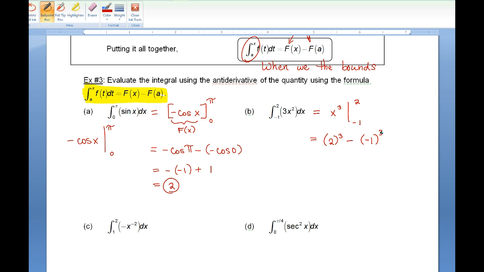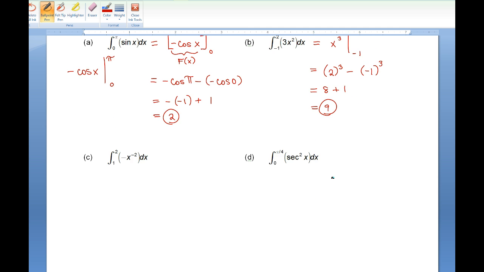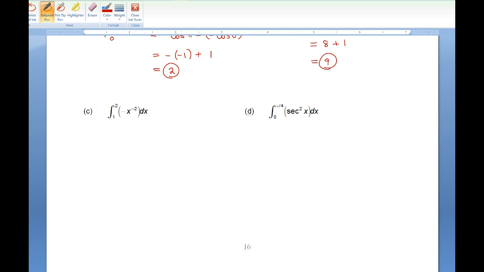So we get 8 minus negative 1, so 9. Again, what does this represent? The area under the parabola 3x squared from negative 1 to 2 has an area of 9 square units. Isn't this fun? It's not too bad.